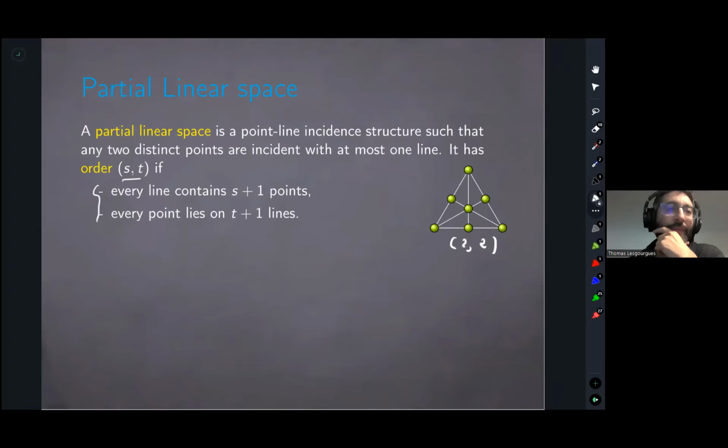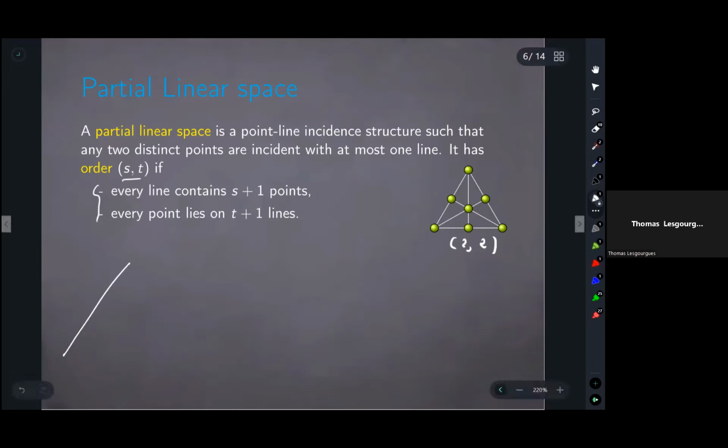And the way we move from a linear space to a graph is quite usual. Let's say you have a partial linear space here. We look at something we call the collinearity graph. It's just a graph where every point is a vertex, and you join two vertices if they're on the same line.